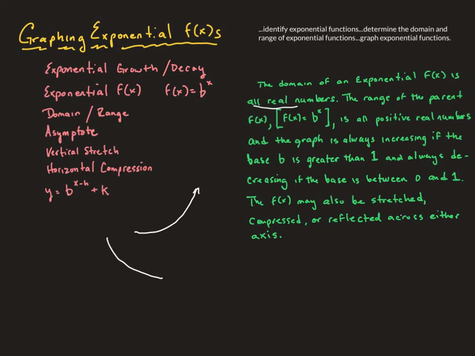Exponential decay is going to look something like that. And then, it can be stretched and compressed or translated, reflected, those kinds of things based on its characteristics. And it just takes a little bit of practice with the graphing, putting in an input, getting out an output to get those things on a graph and see what their characteristics are and how they've been moved around from the parent function.